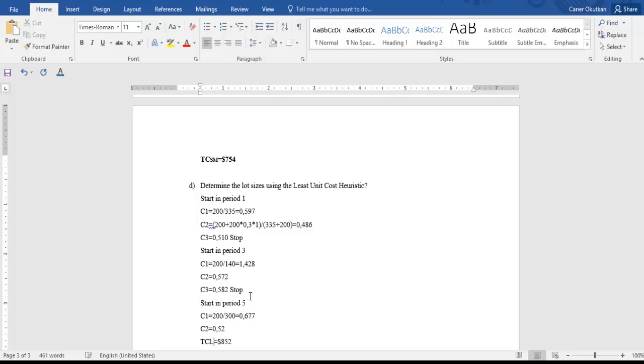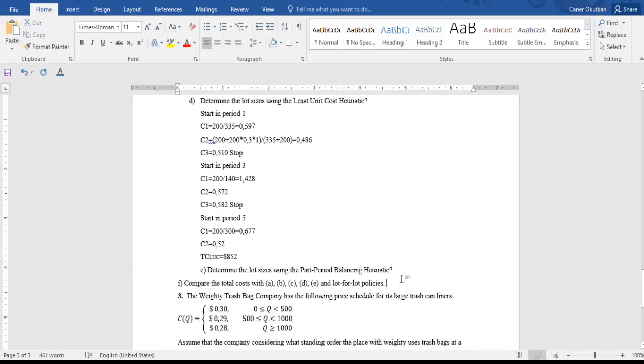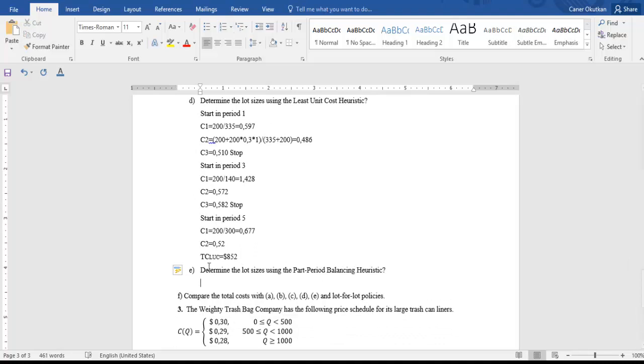In the last unit cost we have 3 setup cost and another holding cost. When we sum of them, our total cost is here.